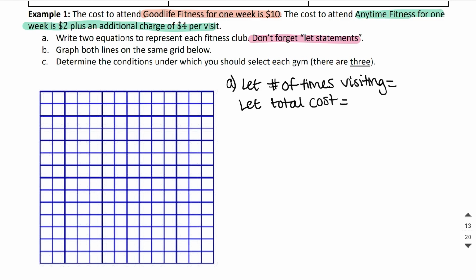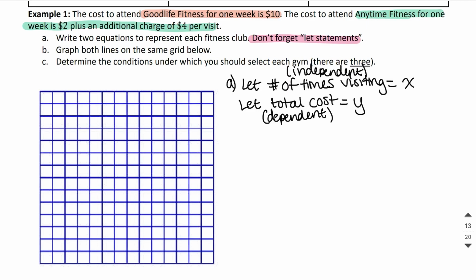And because the total cost depends on the number of times visiting, that tells us that the total cost is the dependent variable, which would be y, and the number of times visiting would be the independent variable, so it would be x.